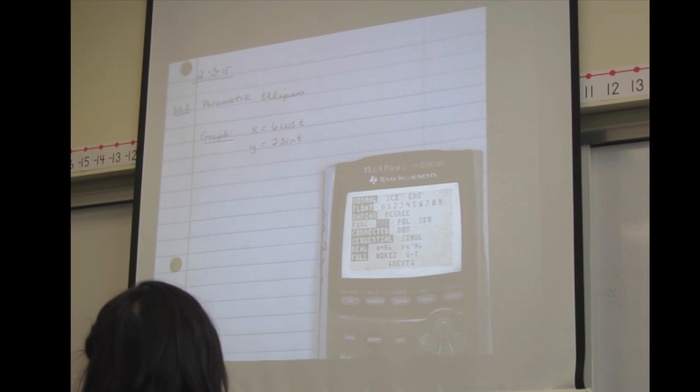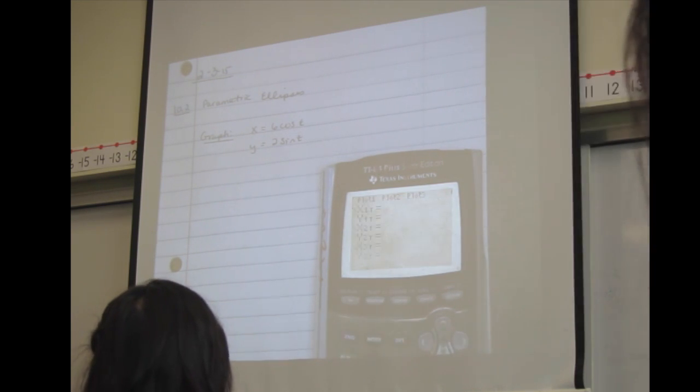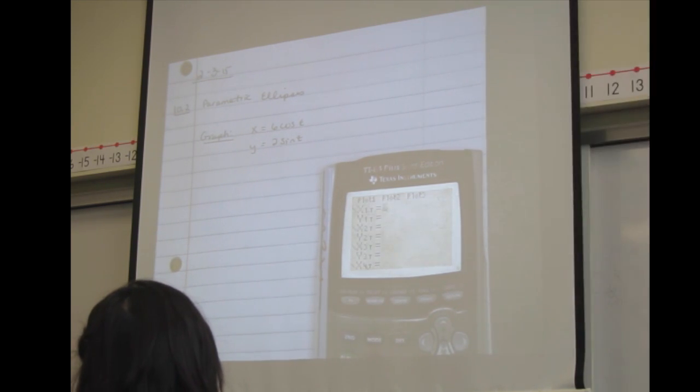In parametric mode, let's go: x of t is 6 cosine t, and y of t is 2 sine t. So here are things that you need to notice before you press enter, or graph, or window.